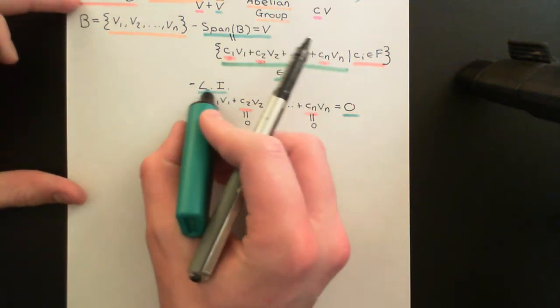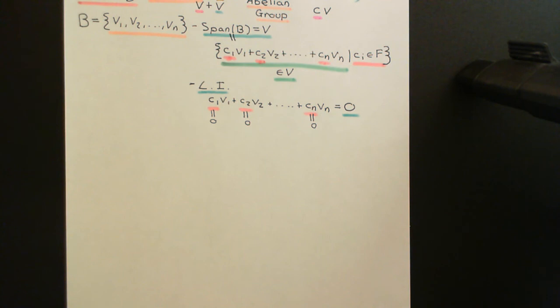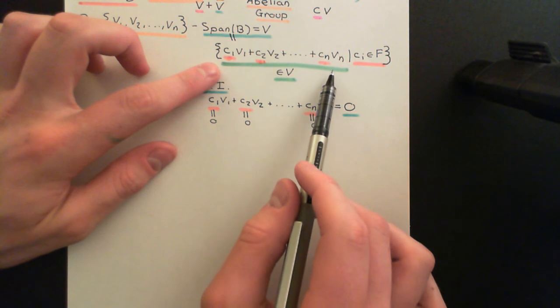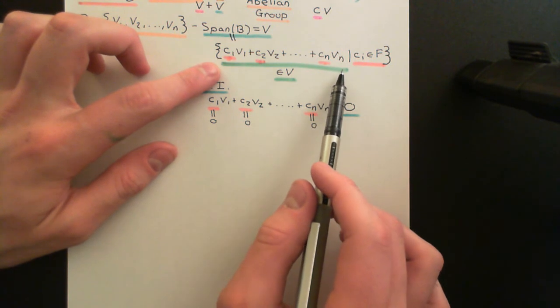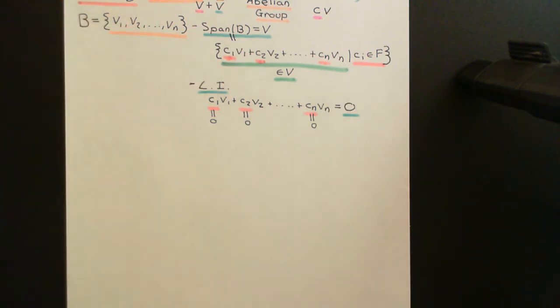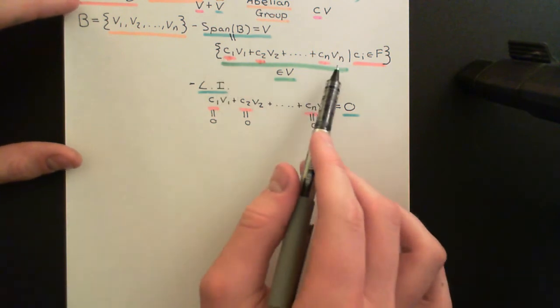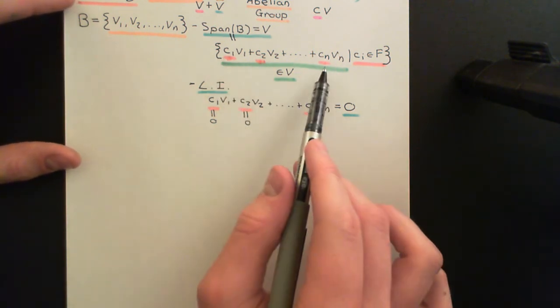Now, the incredible thing that linear independence gives rise to is that if you take any two different linear combinations of the vectors v1, v2, all the way up to vn, they are not going to be the same answer within the vector space. What do I mean by that? I mean that each element of the vector space has only one linear combination which gives rise to it.